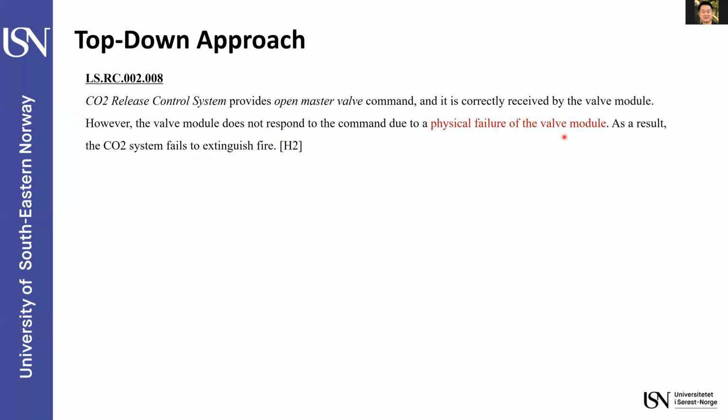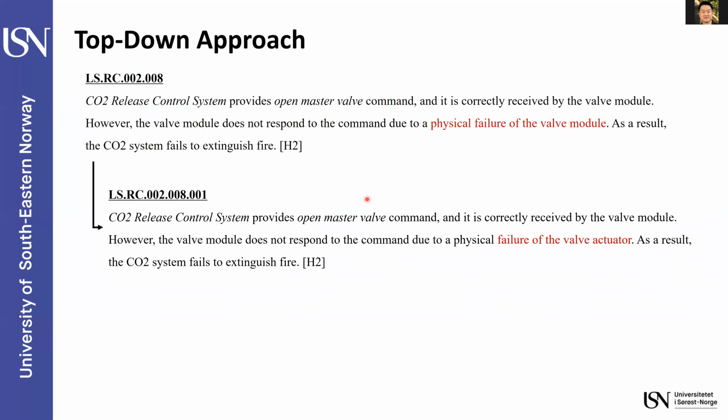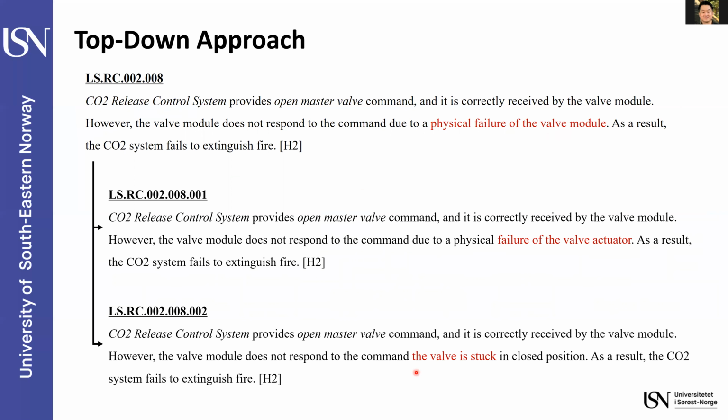For instance, this loss scenario is about the physical failure of the valve module. Now we know that there are a valve actuator and the valve itself inside the valve module. So we can divide this loss scenario into two like this. The first one is the failure of the valve actuator, and the second one is that the valve is stuck in a closed position, for instance.